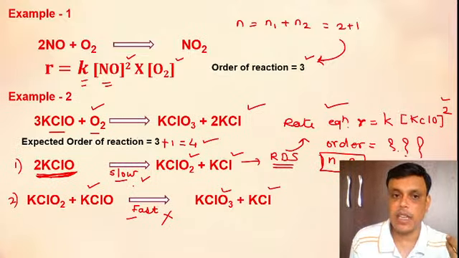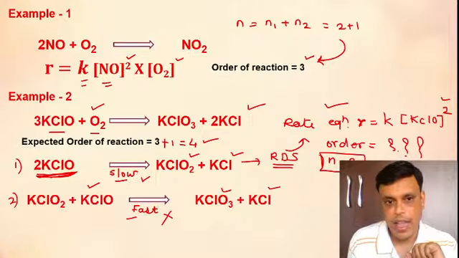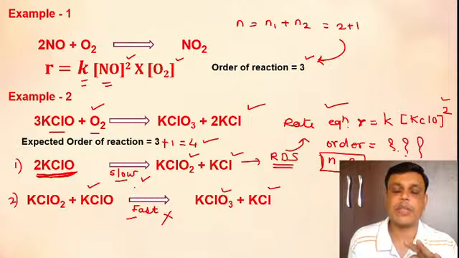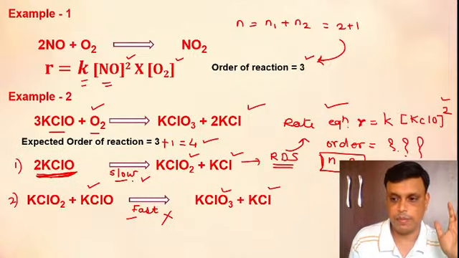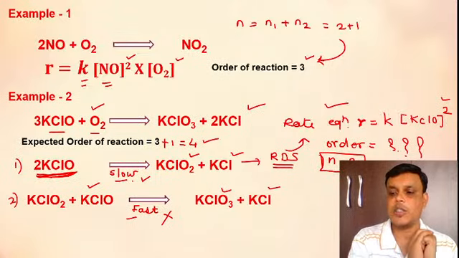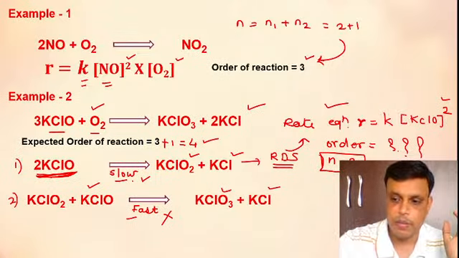Rate determining step is always the slowest step of the reaction, and after the experiment that will come to be known. So because of this, order of reaction is an experimental quantity and it is not a theoretical quantity.